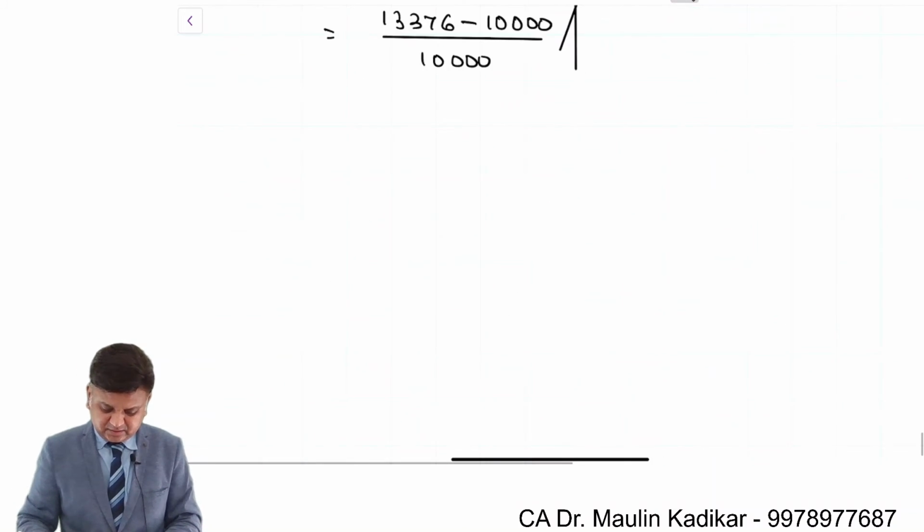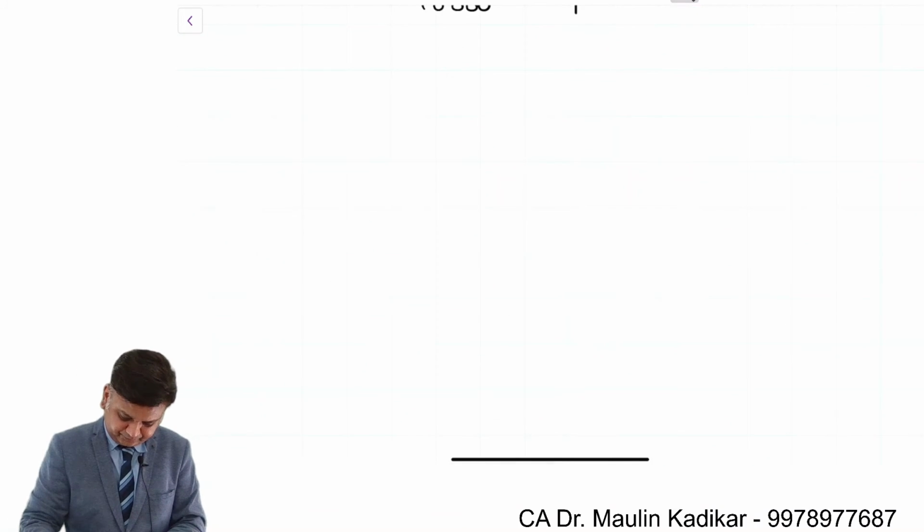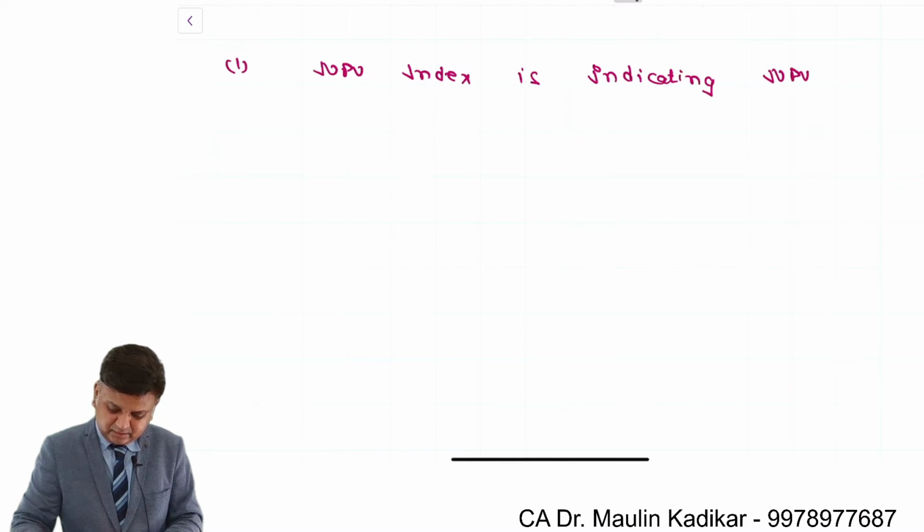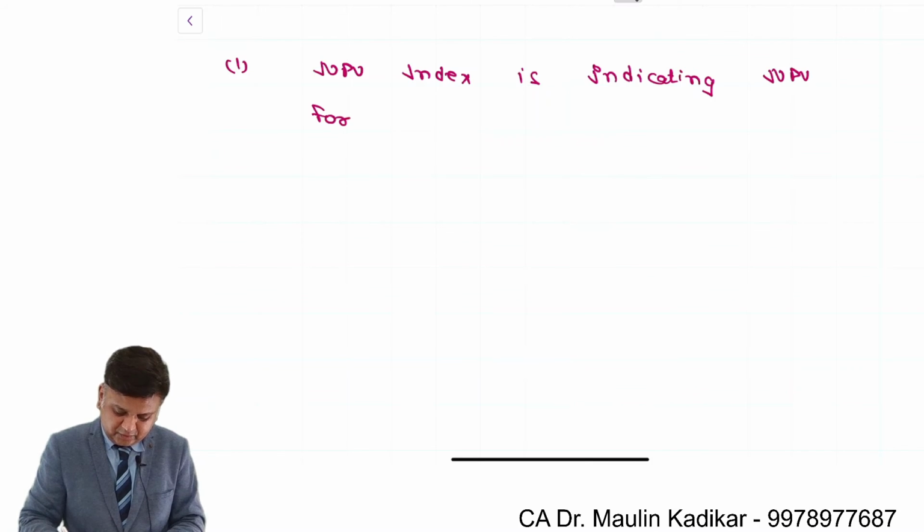Shall I write down the answer? First point: NPV index is indicating NPV for every 1 rupee of investment in the project.